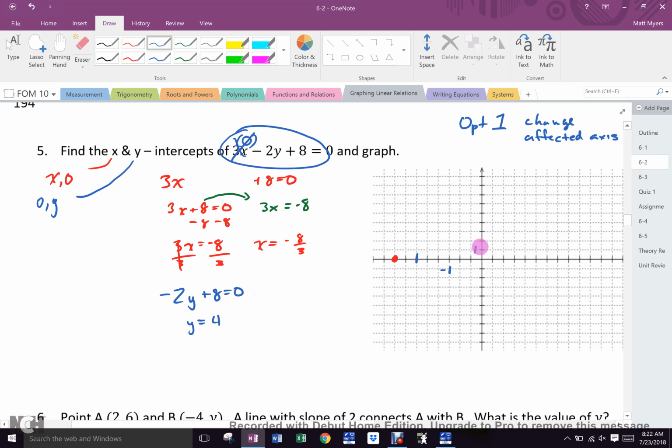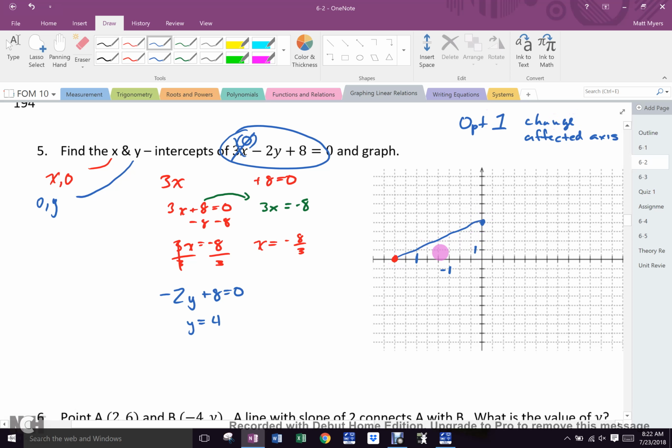Because I've labeled them, I know that you know what you're doing. And if I did that, 1, 2, 3, 4. That's option 1. That's why I wrote in blue. Is everybody cool with that?